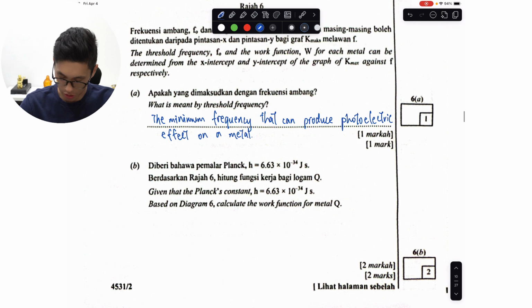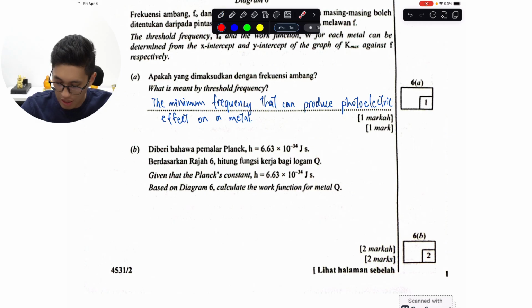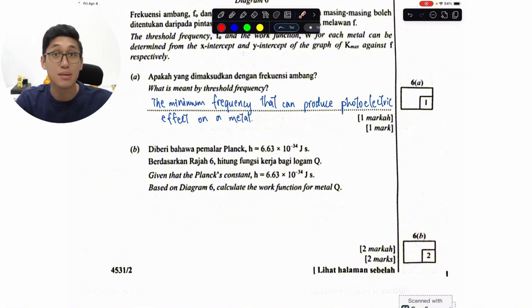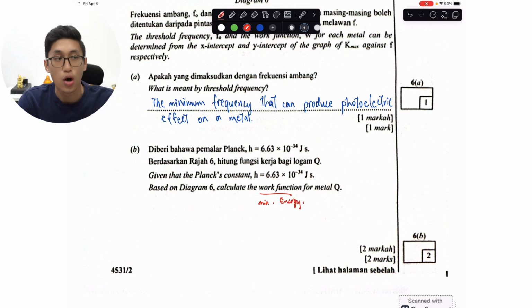The next question. Given that the Planck's constant h is this number, based on diagram 6, calculate the work function for metal Q. Threshold frequency means minimum frequency, while work function means minimum energy.